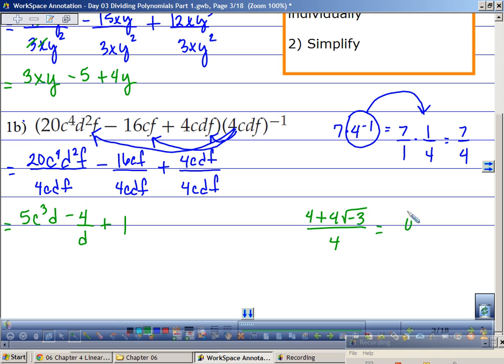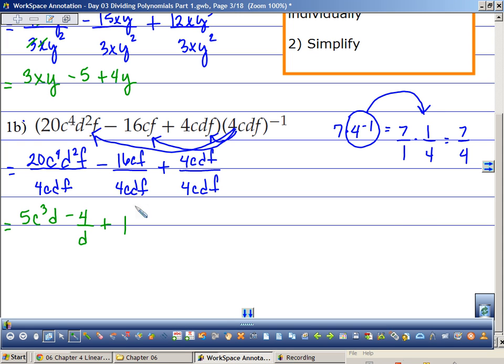This was my most common answer. These all cancel, right? To 1, it's 1 plus or minus i root 3. Because 4 divided by 4 is 1. Yeah, I did that. Very, very common mistake.